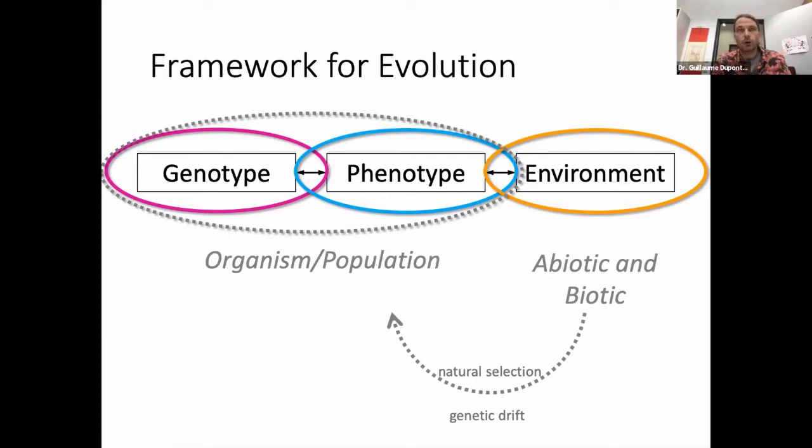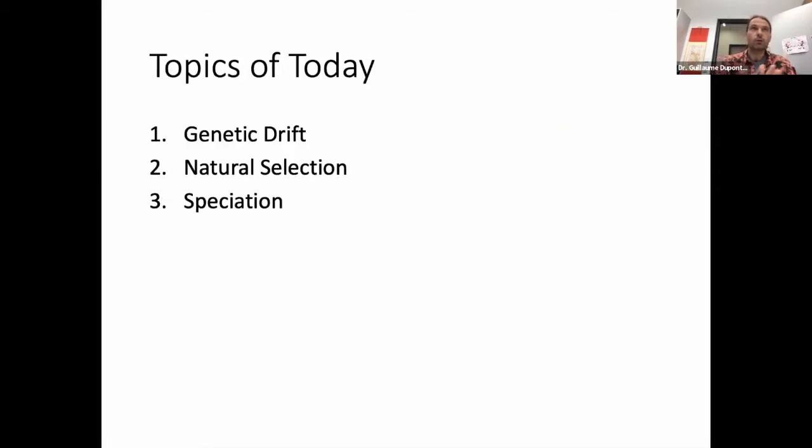So the genetic constitution of a population is not just a result of preferential selection of phenotypes which have certain advantage, but it can also result from some random effects. So the topics for today are genetic drift, natural selection, and finally the modes of speciation, so the reasons or the mechanisms how we can generate biodiversity and species richness.